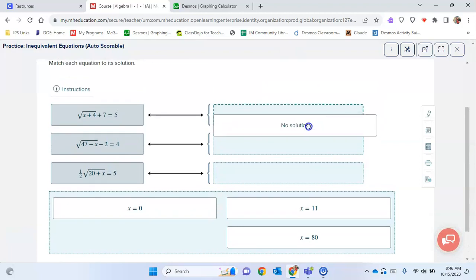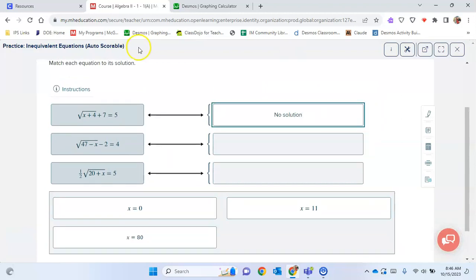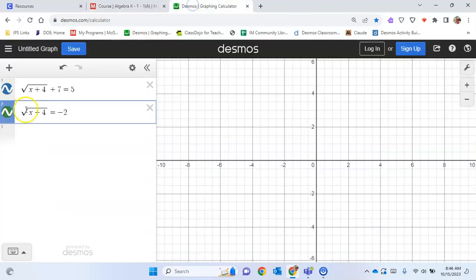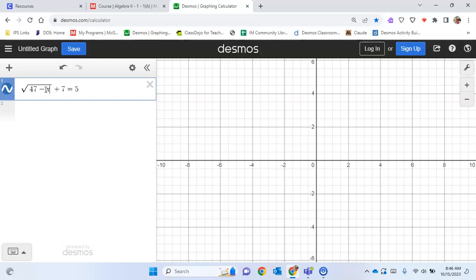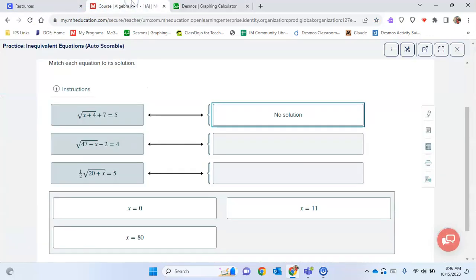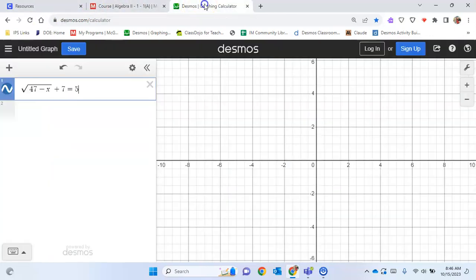The second one is square root of 47 minus x, minus 2 equals 4. To solve this one, you add 2 to both sides.